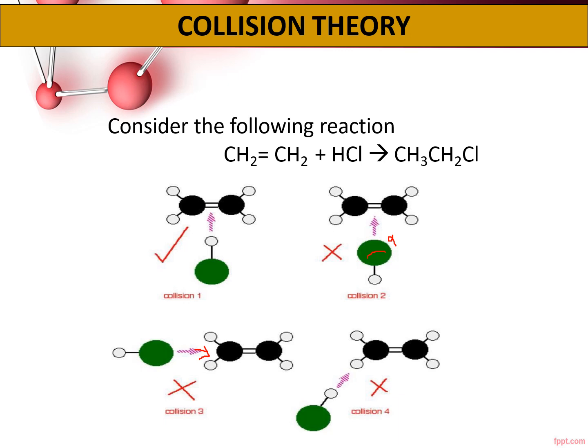That's why no collision happens here. But if you have this one, Cl to the H, H to the H here, when they attack each other, they can rearrange to produce CH3 over here, so that's why you see this H and H.